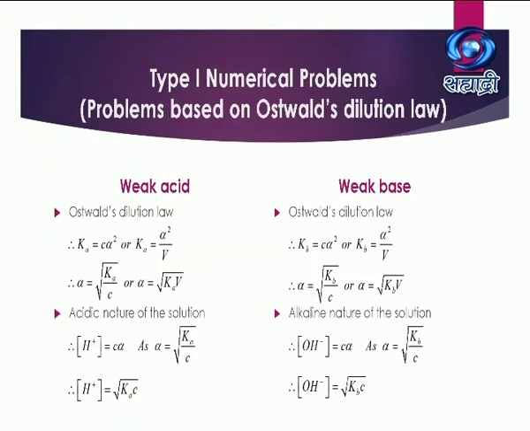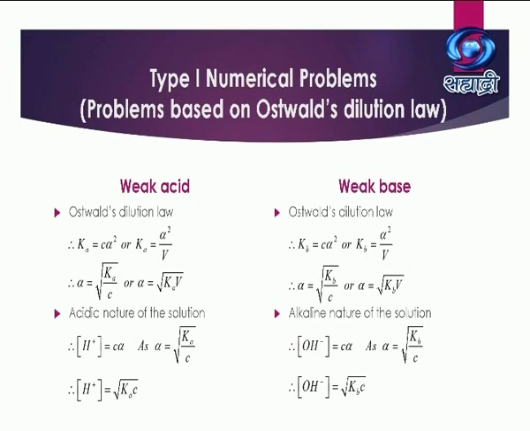Now let's proceed towards numerical problems, that is problems based on Oswald's dilution law. Here are the formulae which I listed for weak acid and for weak base. For weak acid, according to Oswald's dilution law, whatever formulae I told you, I have listed over here.